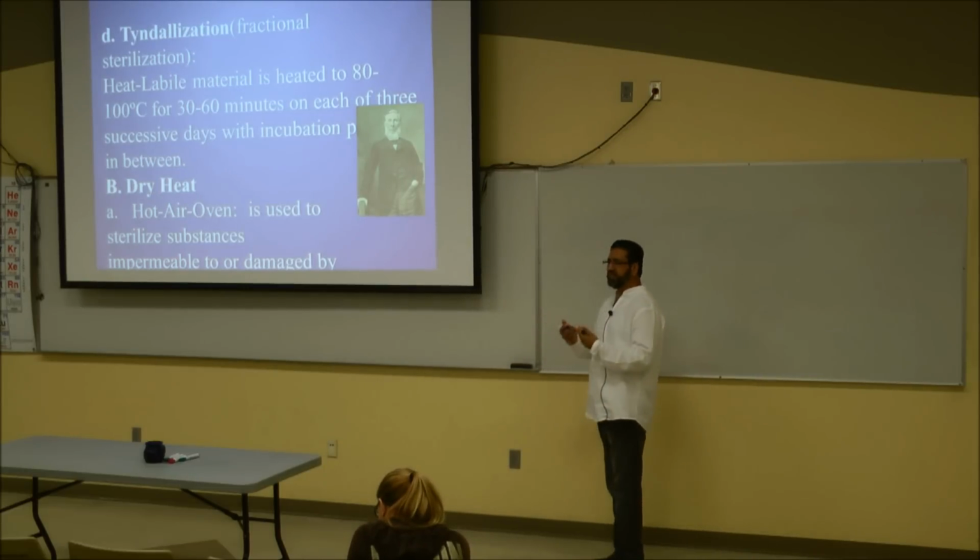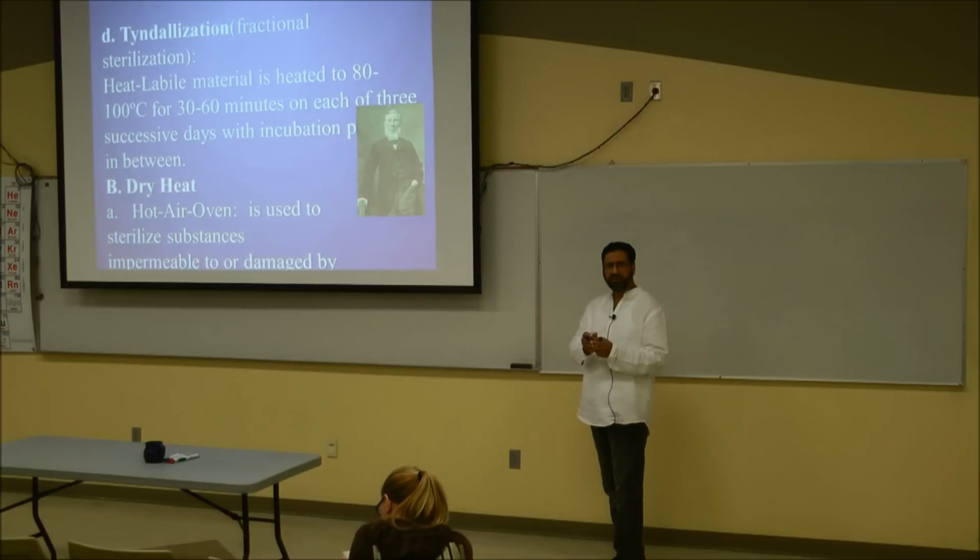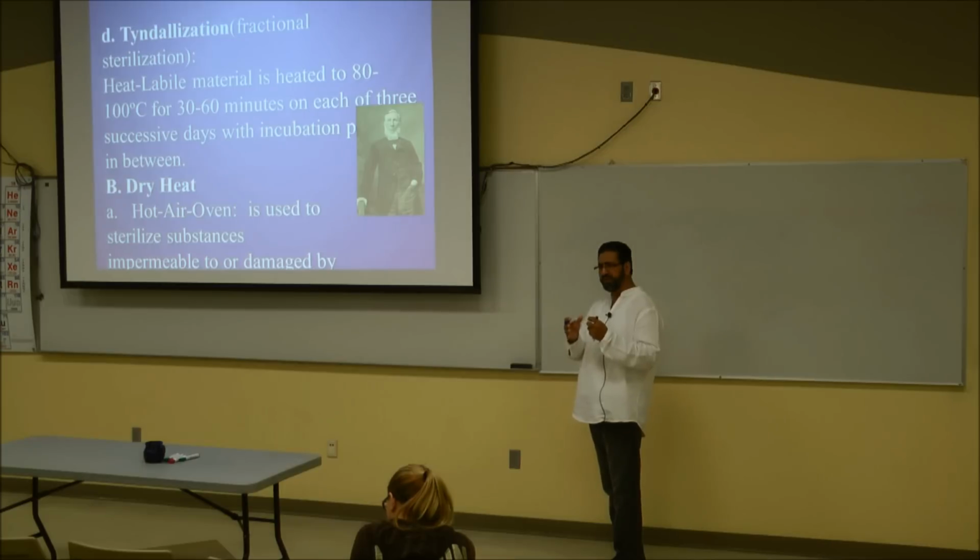One of the media that we use in microbiology lab that is heat sensitive, you cannot put it in the autoclave. By the way, all of the media that we use in our lab is heat resistant. We can sterilize it by putting it in the autoclave. One of the media that I used to use in the past is urea broth.